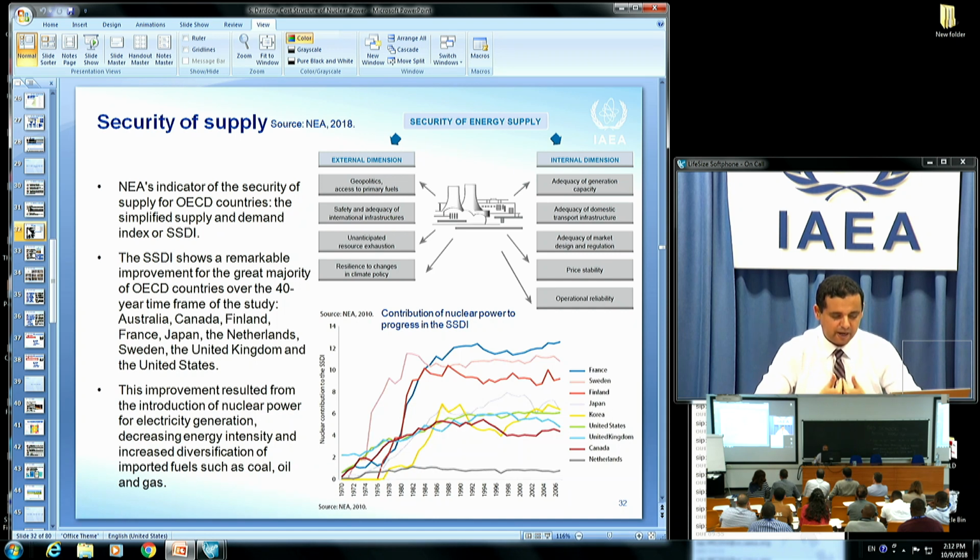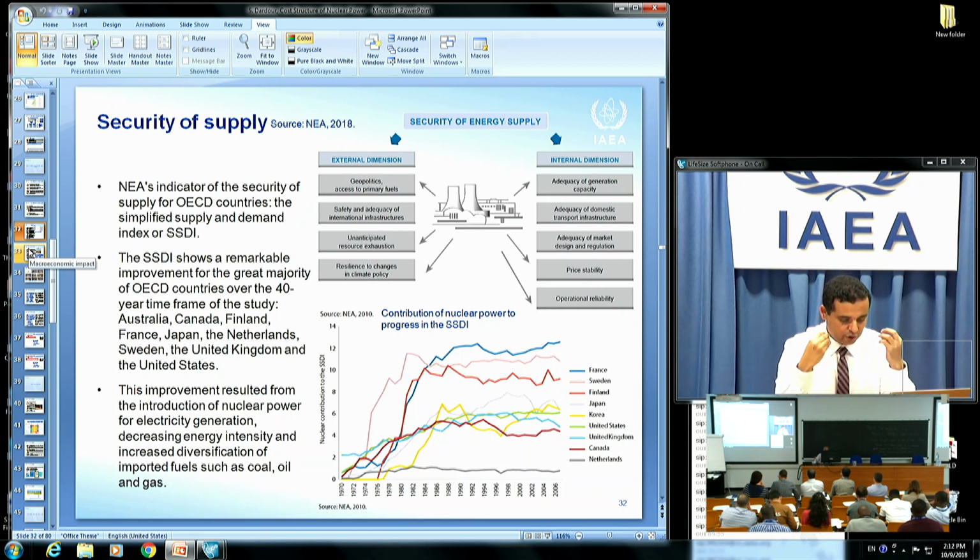So what is the security of supply? Basically, it's the reliability of power generation and the ability of the power generation system to supply electricity to a grid with minimum shutdowns and unavailability of the power source. The OECD has done a study to see how the security of supply improved in OECD countries from the 70s of the last century.